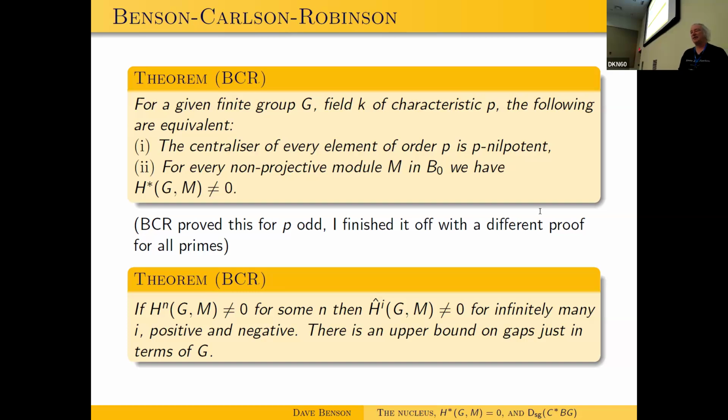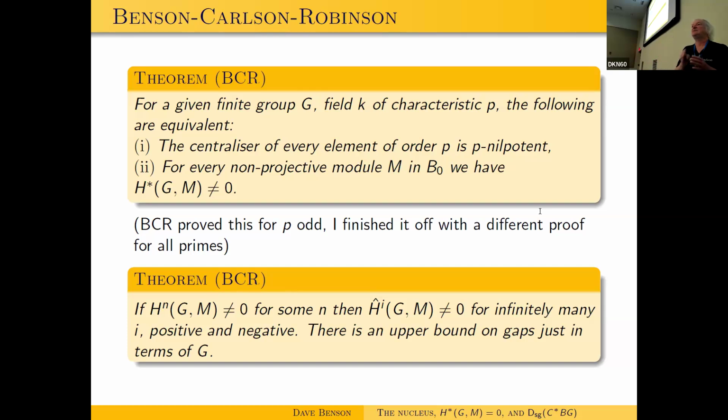In the same paper with Carlson and Robinson, we actually proved quite an interesting fact about cohomology of modules, which is that if there's one non-vanishing cohomology group somewhere, I guess I should have said that n is positive here, not 0, then actually there are an infinite number of different degrees in which the cohomology is non-zero.